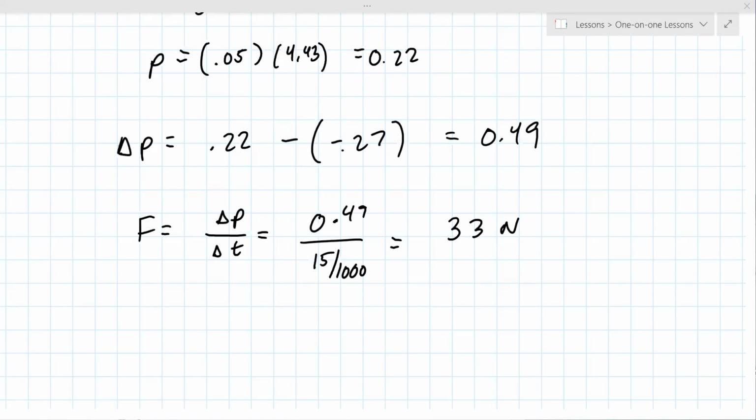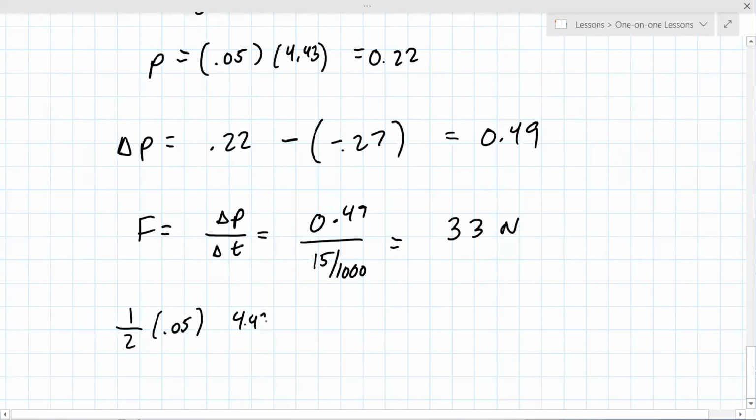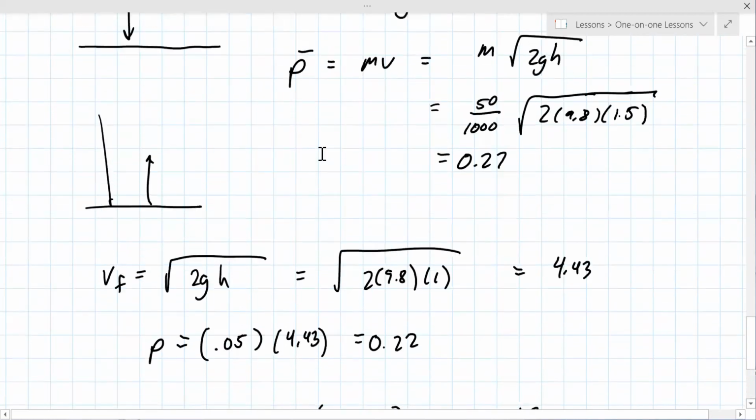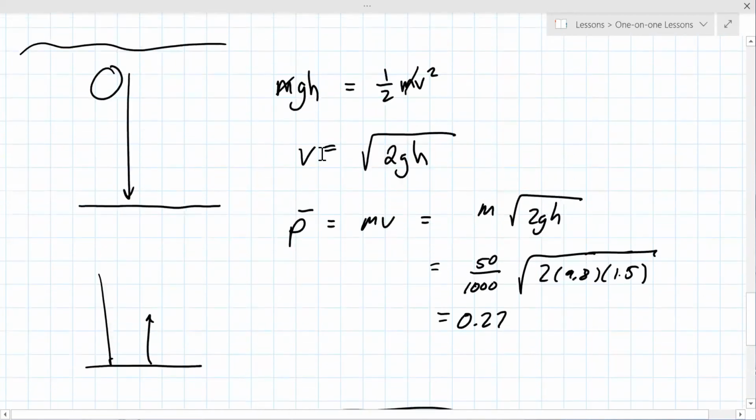So it was the final velocity. It's 1/2, the mass is 0.05, the velocity is 4.43, that's squared, minus 1/2, the mass is 0.05 still, and then we got velocity. I guess we never calculated the square root of 2 times 9.8 times 1.5. So we need to calculate that.